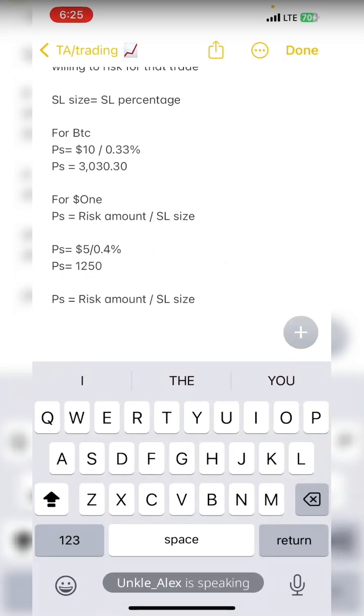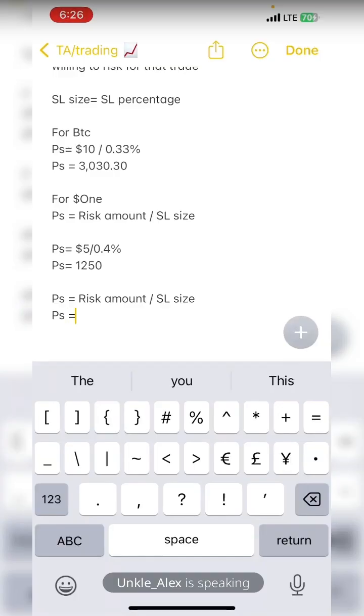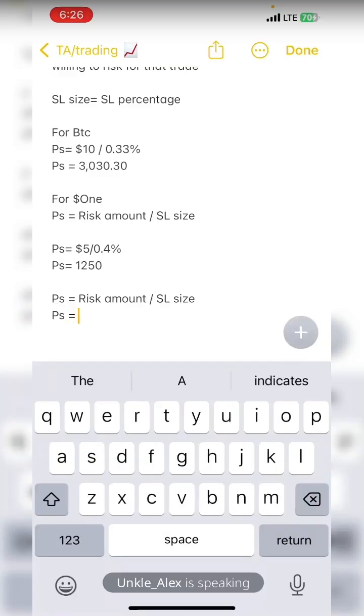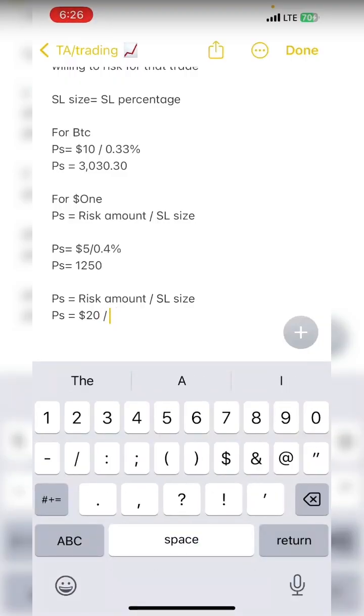Now, let's say for the trade we want to risk $20 over SL size. What is our SL size? We don't know what the SL size is because we don't have access to the charts. You get? So what do we do? We find SL size.